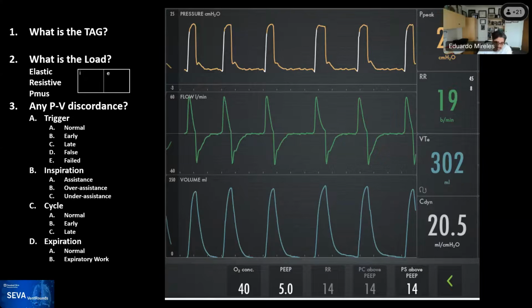We need to start by defining the apnea time. The apnea time is the time the machine waits for a spontaneous effort to appear before reintroducing a mandatory breath. In auto mode it is different than any other mode, because the apnea time is called maximum apnea time, and it has a range from 7 to 12 seconds.